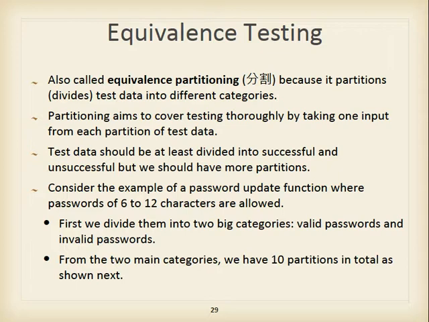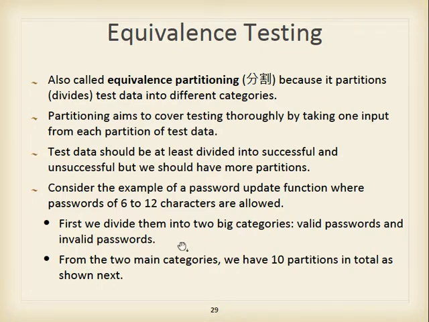Okay, so let's take the example of a password facility. For example, we've all used password updating features of our Facebook or Gmail or whatever account. First, we can think of two partitions: correct or acceptable password, and unacceptable password.